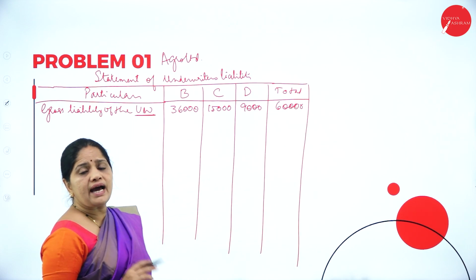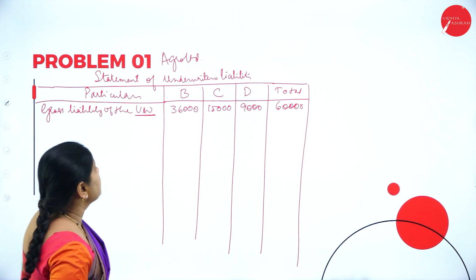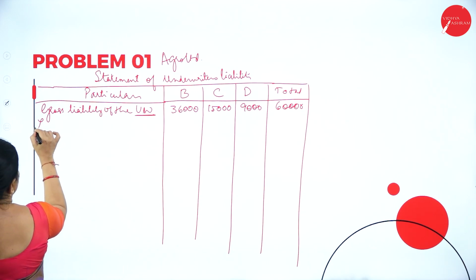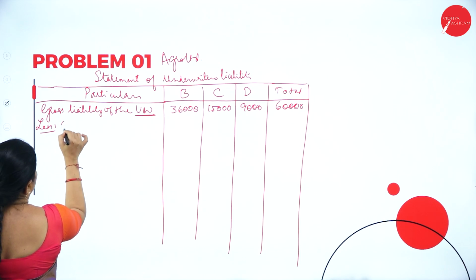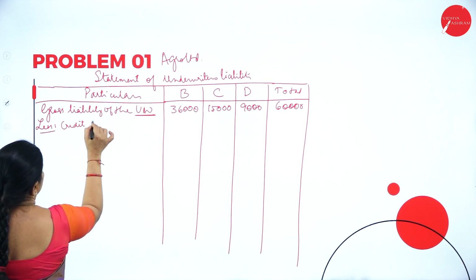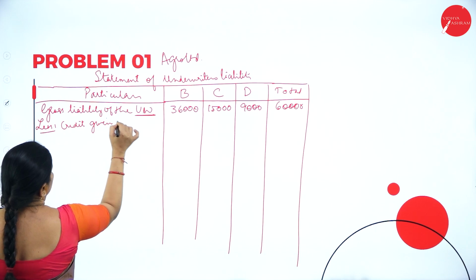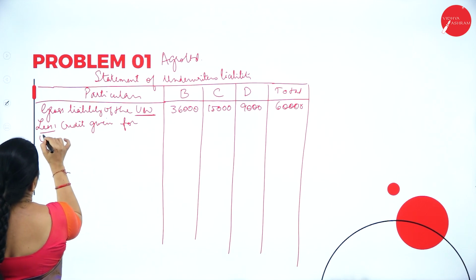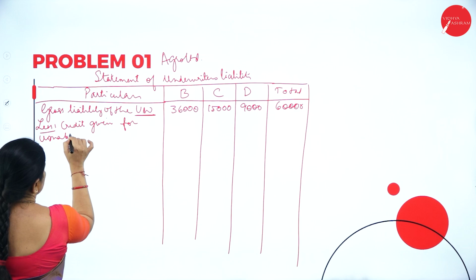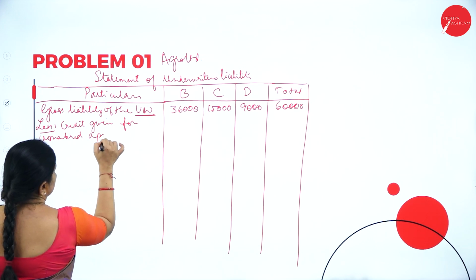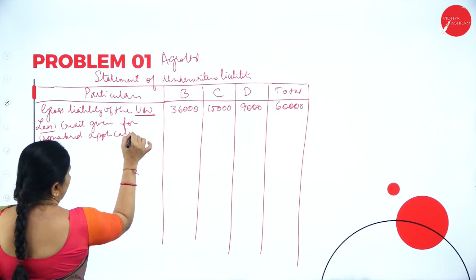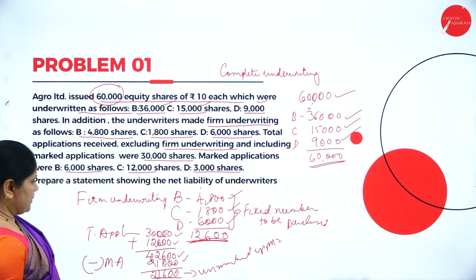Now, from this, I have to deduct the unmarked applications, less credit given for unmarked applications. We have calculated the unmarked applications here.